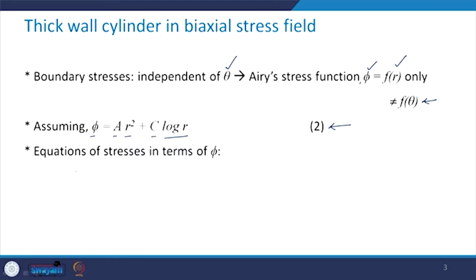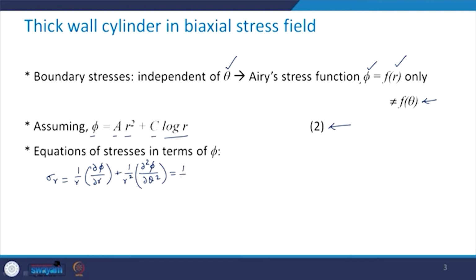Let us see. These are sigma r will be equal to 1 upon r del phi del r plus 1 upon r square del 2 phi del theta 2. Just substitute this expression for phi here.